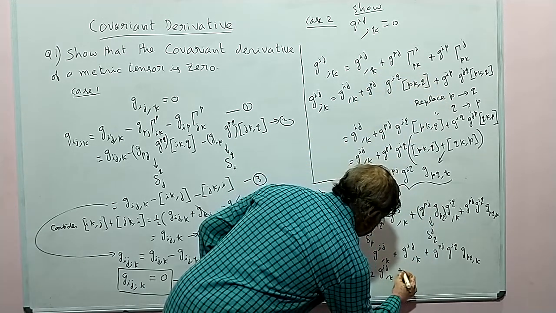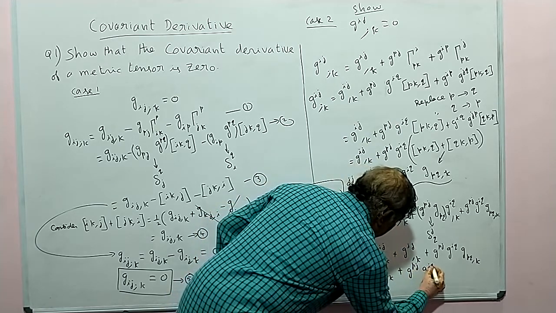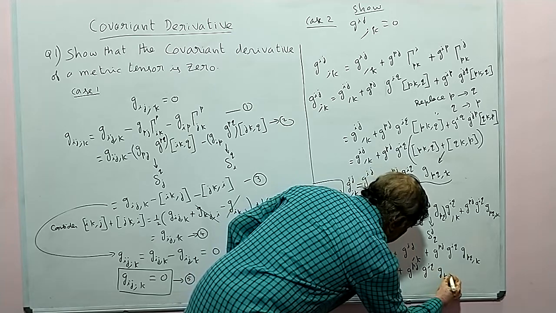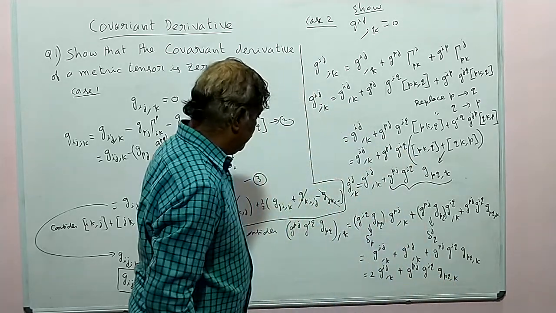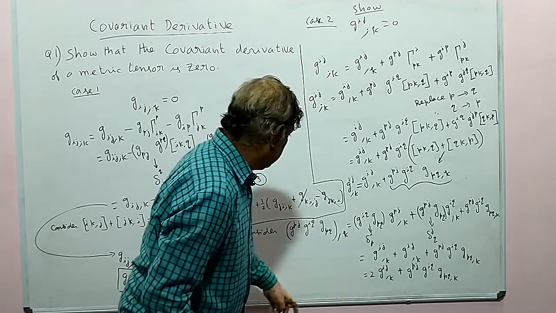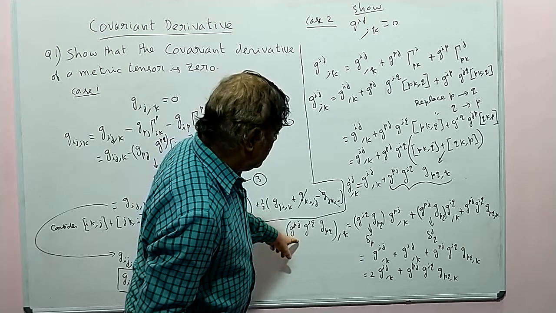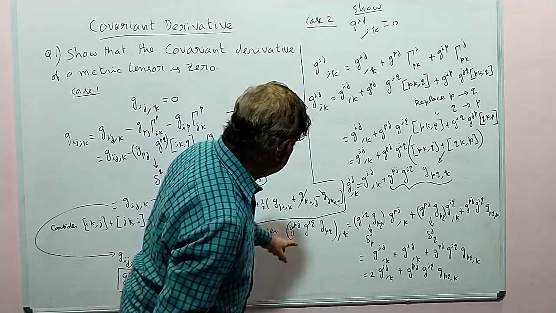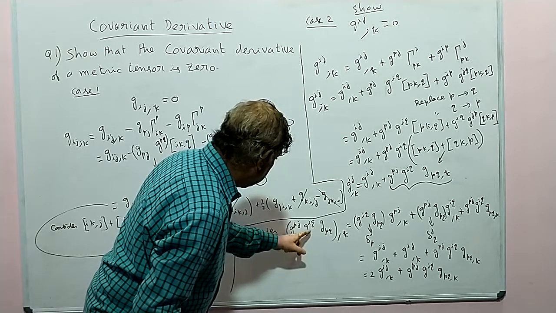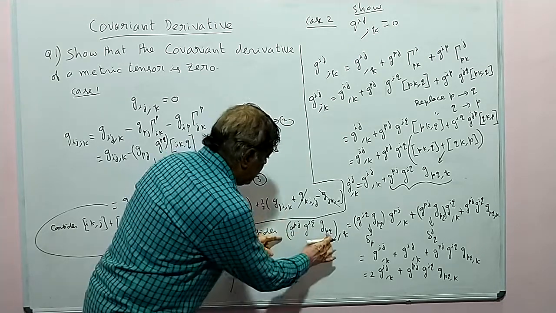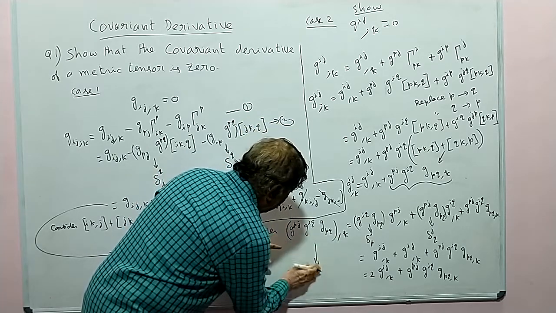Plus g PJ, g IQ, g PQ,k. So this term is equal to, now here what is this one?